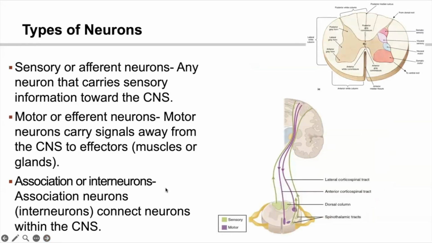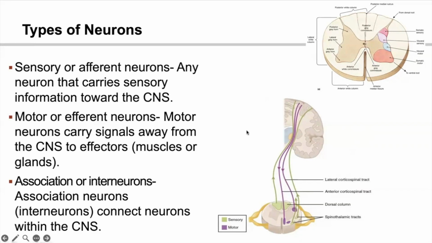So what are the different kinds of neurons that are present in the spinal cord or in the CNS in general? There are three types of neurons. One is sensory or afferent neurons, another is motor or efferent neurons, and the third is association neurons or interneurons.